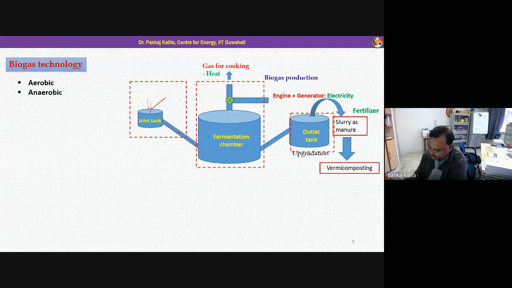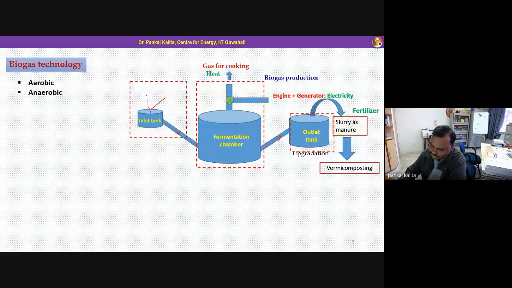Then the microorganisms' activity will be carried out inside the fermentation chamber, and then the slurry comes out and can be stored. We can increase the quality of the fertilizer by applying a methodology called vermicomposting, and we can get an enriched quality of fertilizer which is organic.